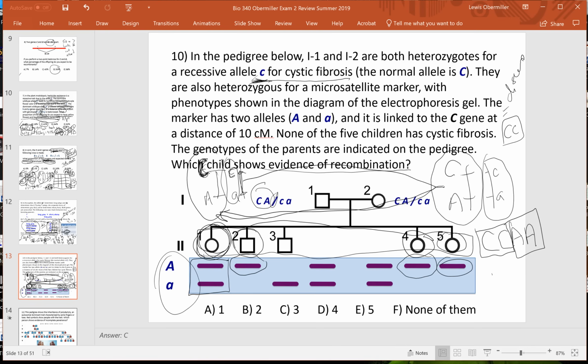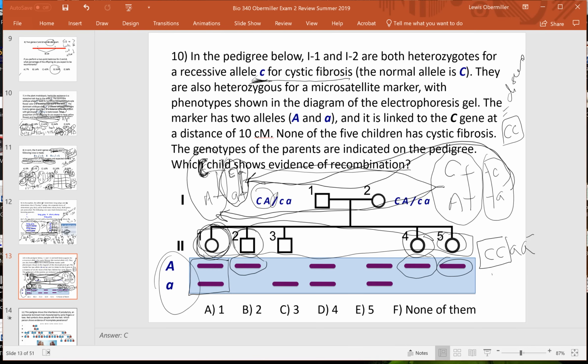All right, so if this sperm fertilized this egg here, then we would get little c, little c, little a, little a. This child would have cystic fibrosis.